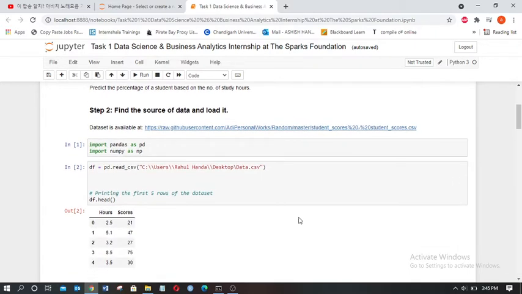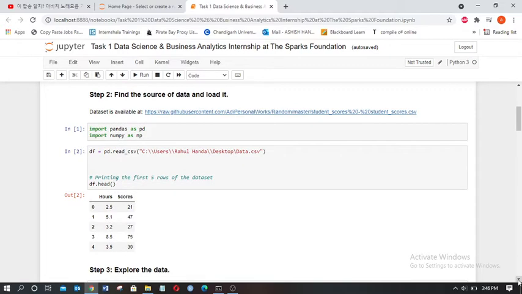for data information. Moving forward, I have used the pandas library for reading the data. For reading the data I have used the CSV method, where I have stored my data link, and it adds the data and returns it in the form of a data frame, which I have stored in the df variable.